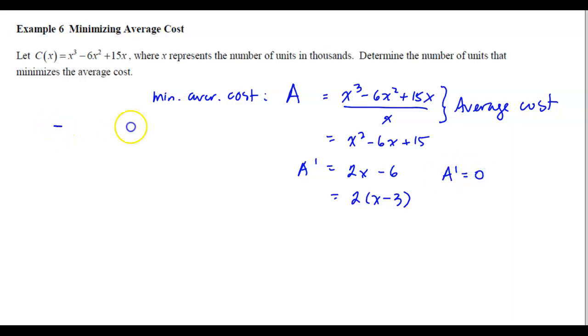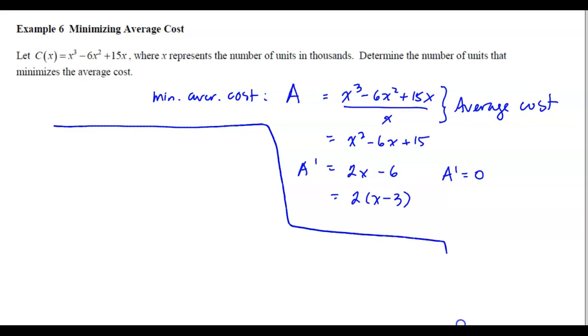I'm going to do this in two different ways. So then I would have 0 equals 2 times x minus 3, so x equals 3.